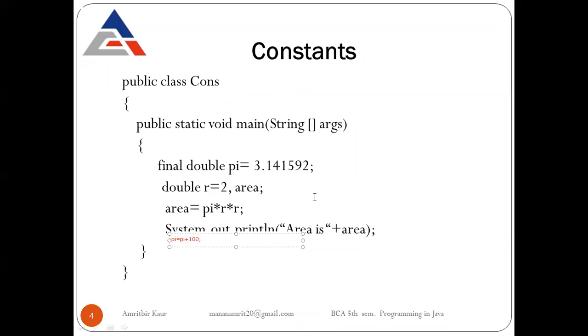If we write like this in our program, it means the value of pi will be updated after the operation. So if we add an operation like this, then an error message will be generated because a constant value cannot be changed.